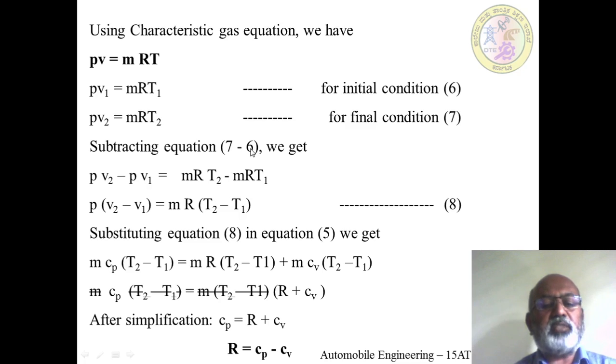We are subtracting 6 from 7. Here it is. That is, on the LHS, PV2 − PV1. On the RHS, mRT2 − mRT1. After simplification, we get m and R as common: mR (T2 − T1). This is equation number 8.